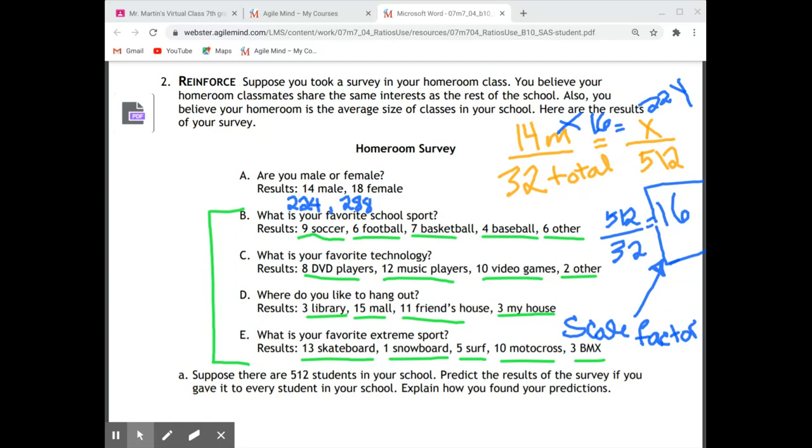So that means we take our 9 people that like soccer and multiply it by our scale factor, and this will determine our prediction for how many people in the entire school like soccer. So we take 16 and multiply it by 9. 9 times 6 is what? 144.